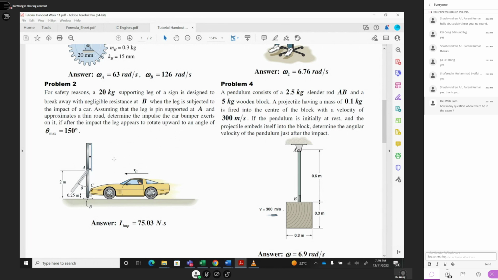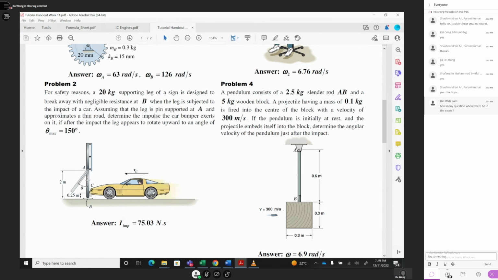The kinetic energy should be equal to the energy at the 150 position, where you reach the maximum. You have the gravity potential energy, MGH.